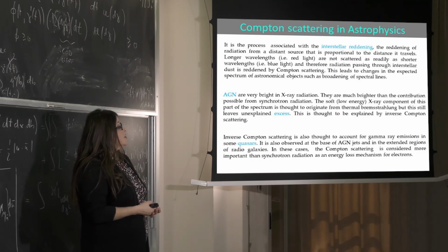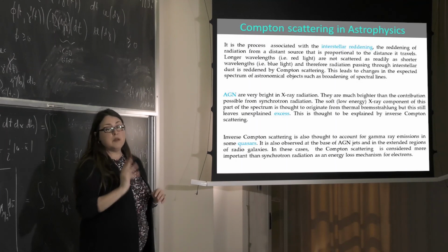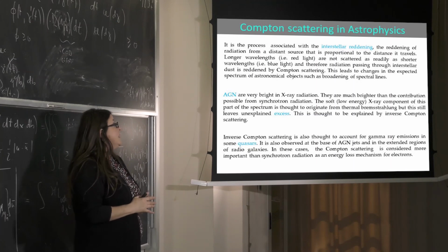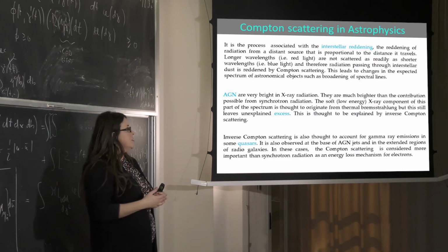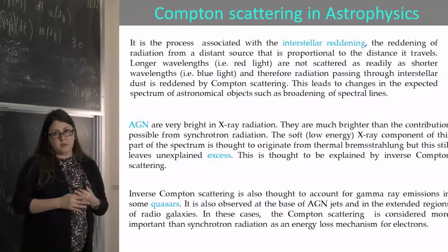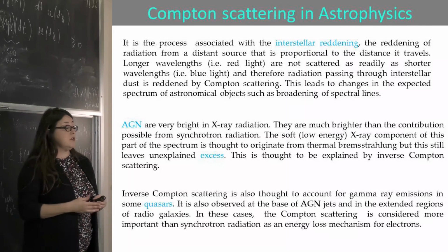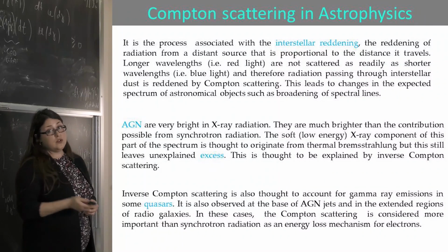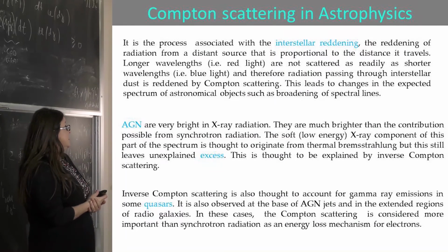And so the radiation which is passing through interstellar dust will be reddened by Compton scattering. And of course, this will change the expected spectrum of an astrophysical source. There will be a distortion of the spectrum. And also, for example, broadening of the spectral lines.